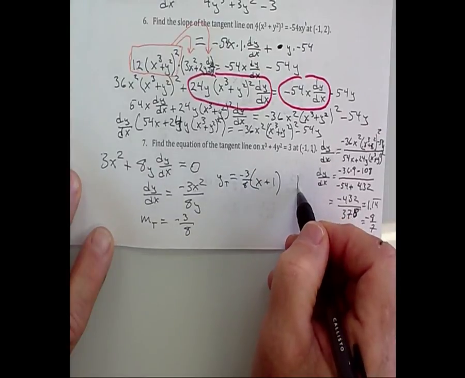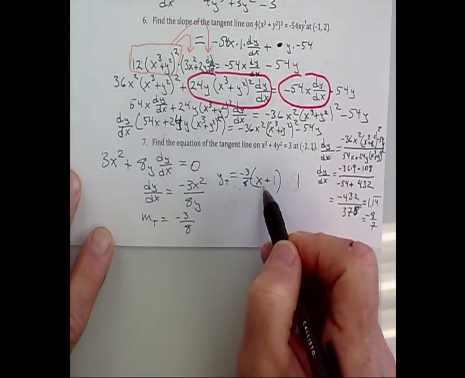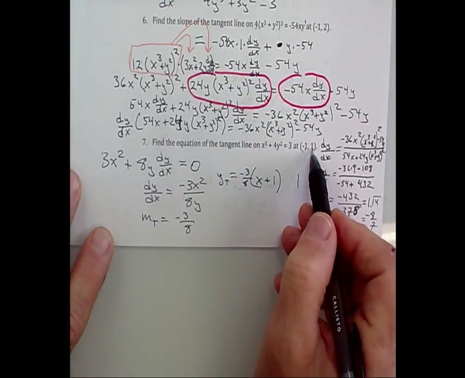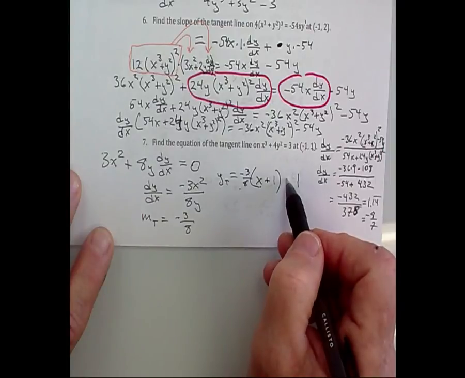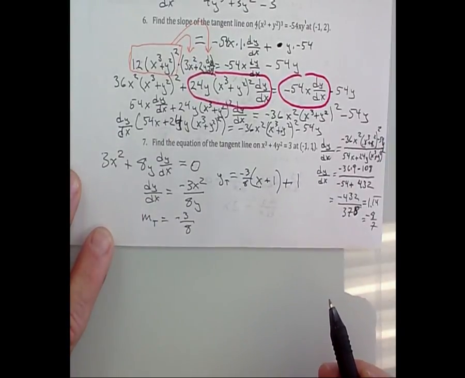There's a 1 here, correct? If I put that negative 1 in here, I get 0, correct? Negative 3/8 times 0 is 0, and I want it to be 1, so it better be what kind of number here? Is it plus or minus? Plus. Okay, that's the slope of my tangent line.